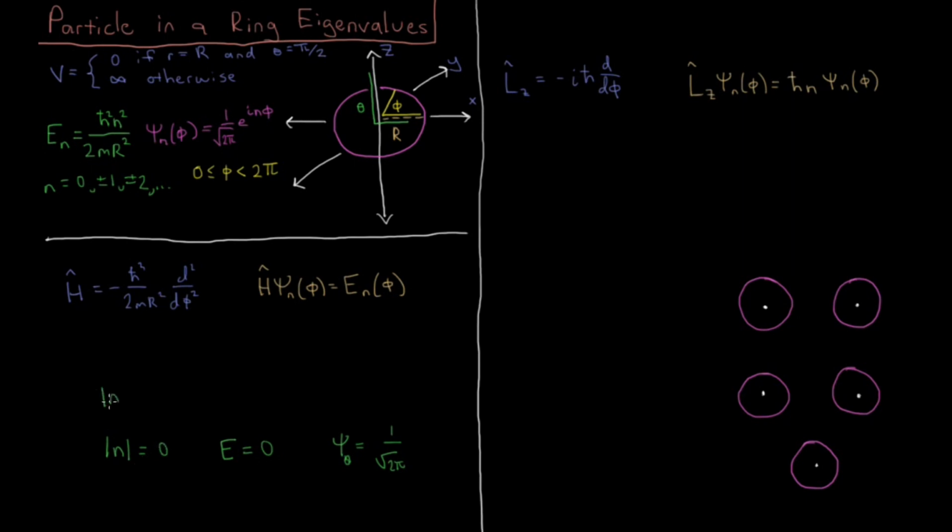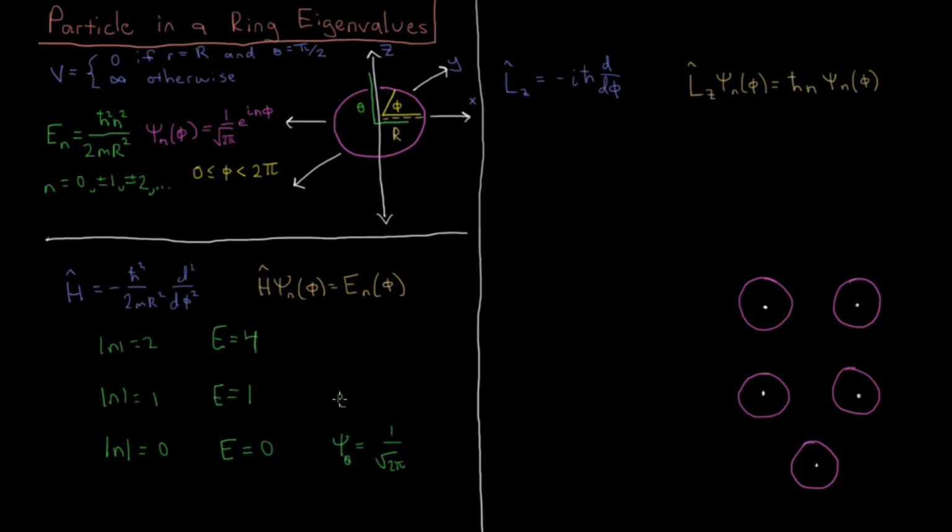But if we go to absolute value of n equals 1 or absolute value of n equals 2, then E in units of h bar squared over 2mr squared is 1, and then we see, just like particle in a box, quadratically increasing energy levels such that the transition difference between them increases linearly as you go up in energy levels.